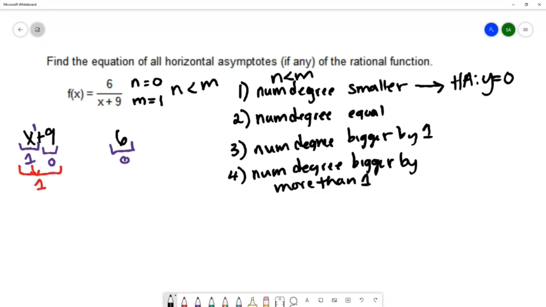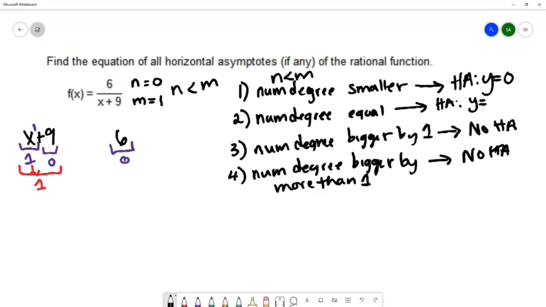Now, in the other cases, you have no horizontal asymptote if the numerator has a bigger degree. So in both of those cases, the numerator degree is bigger, and there's no horizontal asymptote. And in the case where they're equal to each other, you have a horizontal asymptote, and you have to do a little calculation.